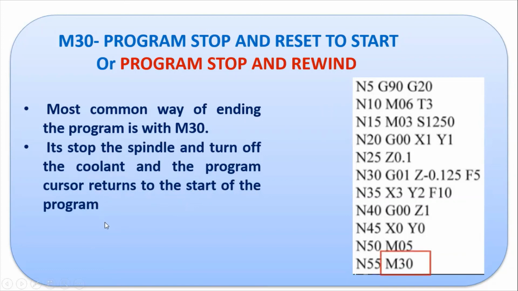Rewind means, after the last block gets over by the M30, the cursor will move to the first block, and without wasting time we can start the production. That's why we are always using the M30 for the program stop and rewind.